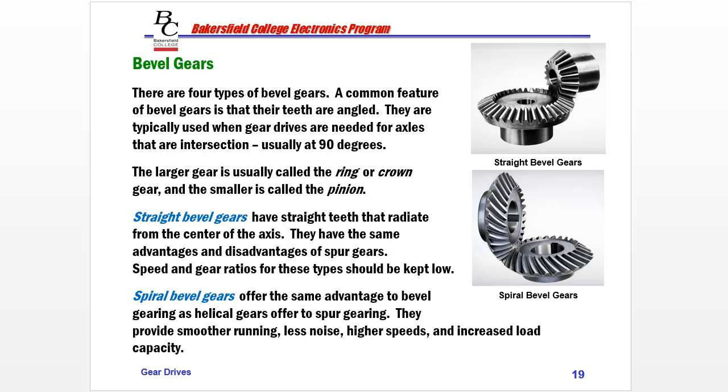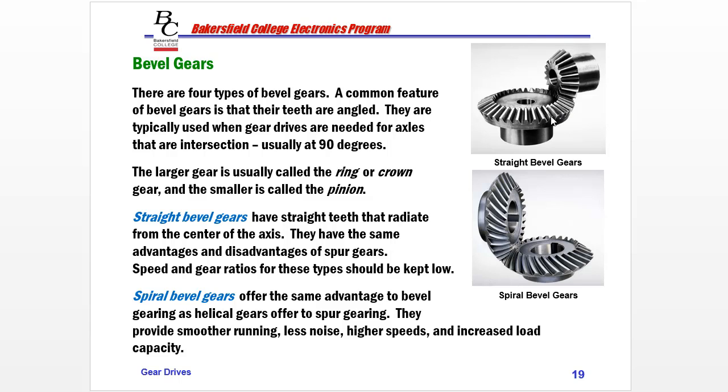And this would be the carrier, and then the axles would go out through the page up the top and down the bottom. So bevel gears are used when gear drives are needed for intersecting shafts at 90 degrees, like our differential coming off our drive line and going to our ring gear on the carrier.